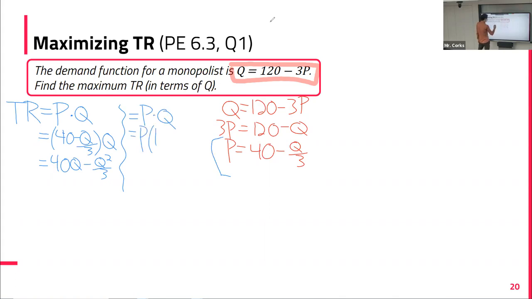So Q is 120 minus 3P and we get 120P minus 3P squared. So we could express our total revenue in terms of Q, or we could do it in terms of P. Mathematically, they're both fine. Which one do you think might be more useful?